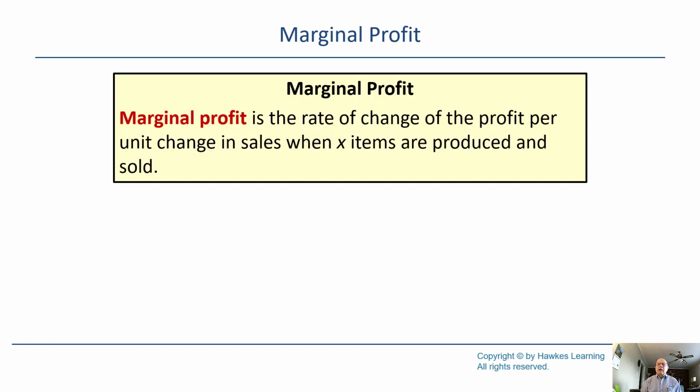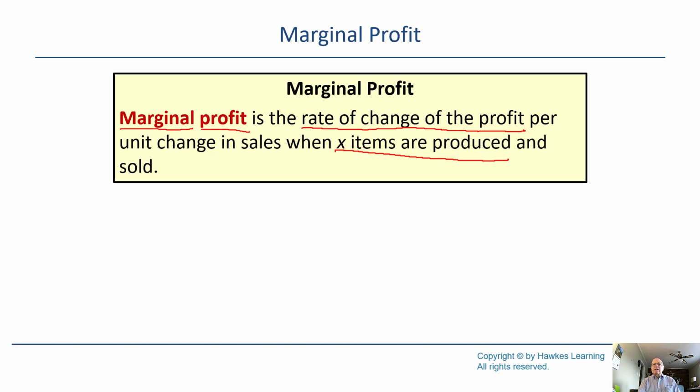Marginal profit, same deal. Start with the profit function, take the derivative, you'll get the marginal profit. And that'll be how fast the profit is changing when x items are produced.